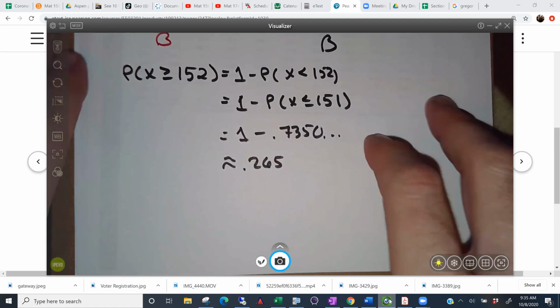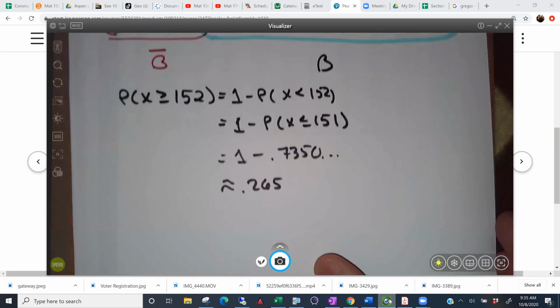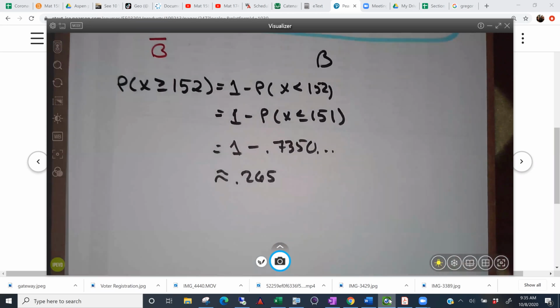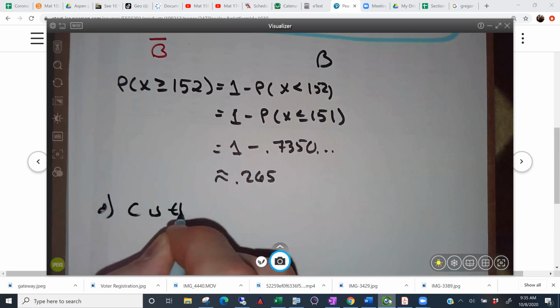So this is something to get used to as we move forward. It's not something I'll test you on too much right now, but it is going to be part of what we're going to work on later on. So the answer to part D is C, the more relevant probability.